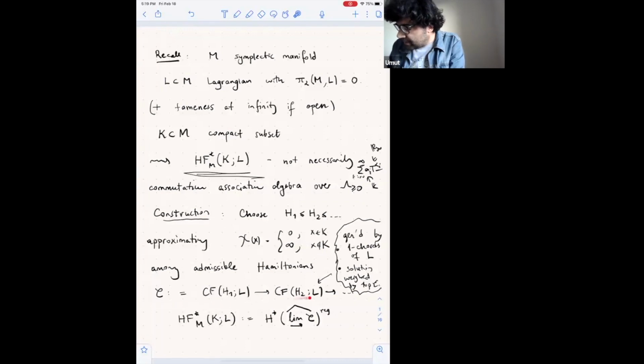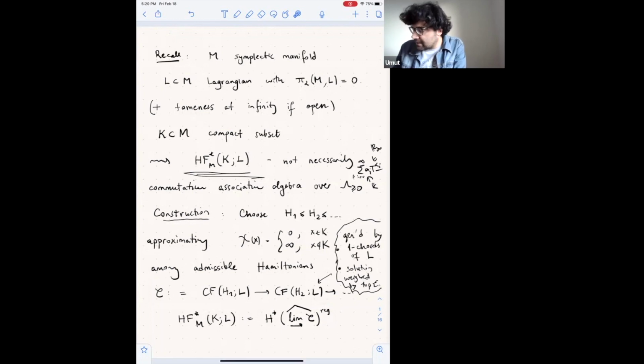So you end up with this diagram of chain complexes, and then you define the invariant as follows. You take a direct limit of this diagram. That's another chain complex. You complete it t-adically, so you allow infinite sums as long as their coefficients have valuations going to infinity. And you do this thing that I call the regularization.